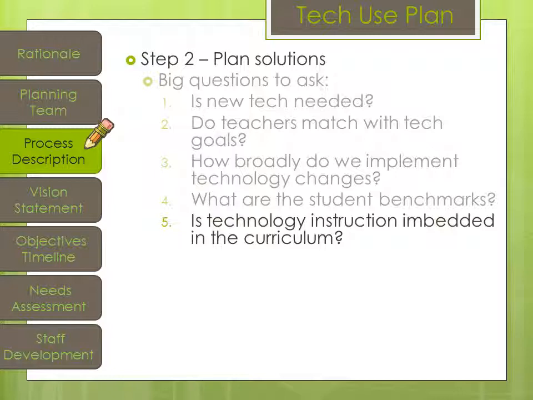Of course, I think the better approach would be to have it fully integrated within the curriculum, and that all teachers are maximizing that potential using technology. But that's not always the case. So it has to be asked, how do you want to make sure that students are gaining that instruction?